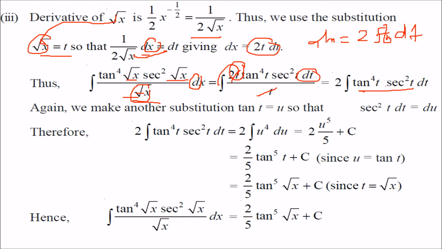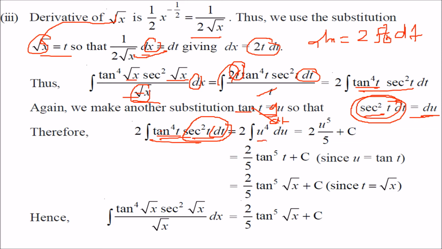Here again we'll make a substitution. We'll take tan t as u. So when you take du by dt, the derivative of tan t will be sec square t. We will take dt here. So du will be sec square t dt. This we have taken as u, and this whole sec square t dt will be du.